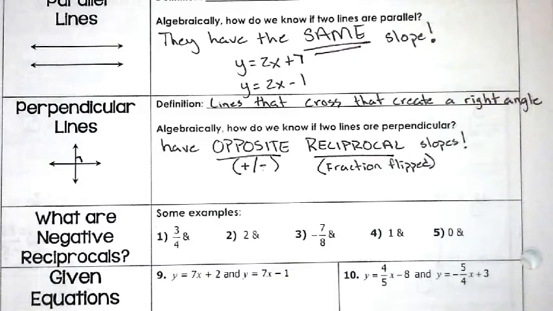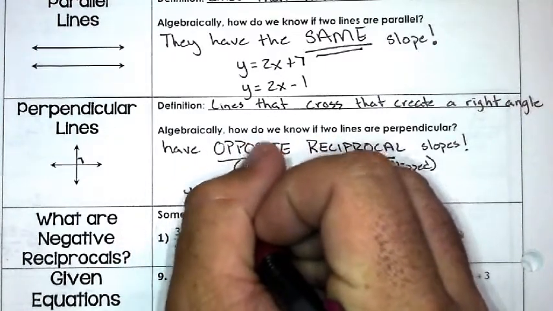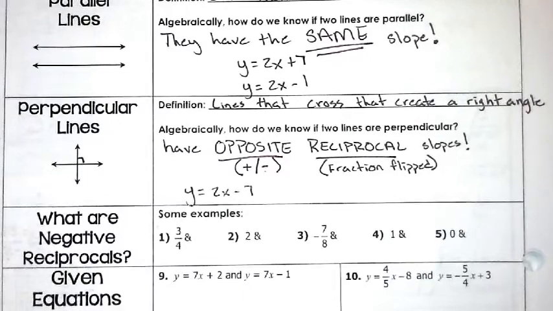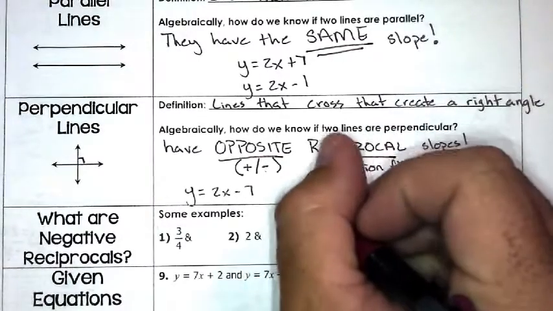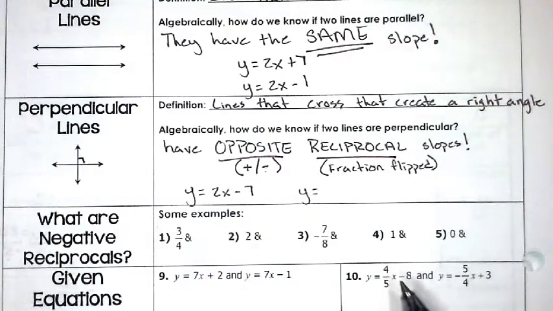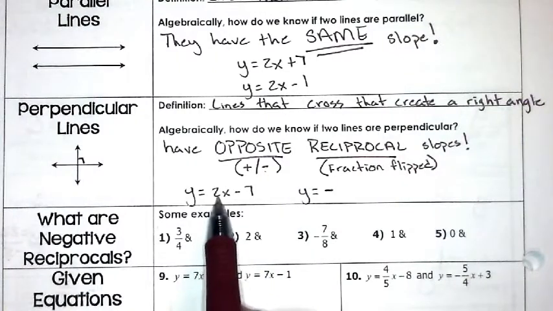Okay? It's the flip. Now, an example of slopes would be if I had y equals 2x minus 7. The opposite reciprocal slope would be y equals, what's the opposite sign of positive? Negative. What is the reciprocal of 2?